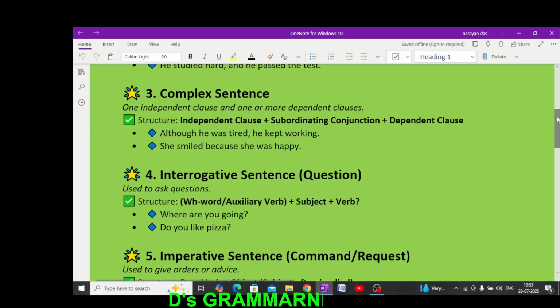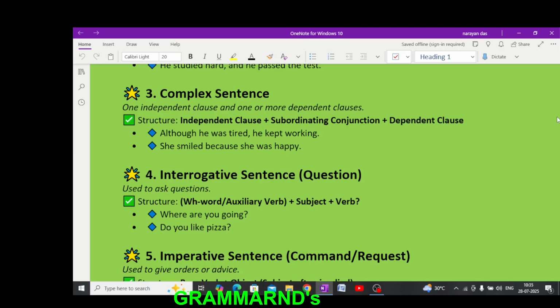Now we have the complex sentence structure. Now, in a complex sentence, one independent clause and one or more dependent clauses joined by subordinating conjunctions.